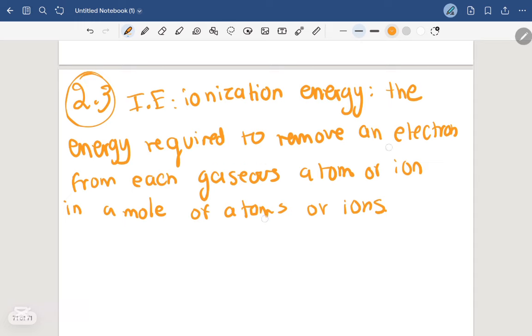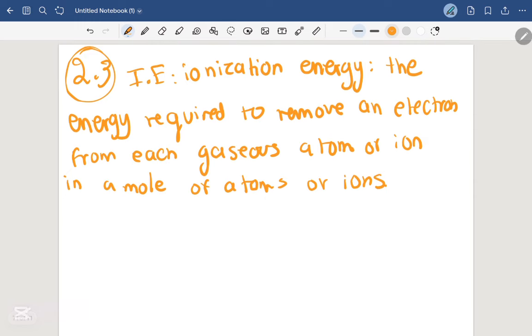So ionization energy, as we will see later, is opposite to electron affinity. Ionization energy is the energy required to remove an electron, whereas electron affinity is the energy change associated with the addition of an electron.